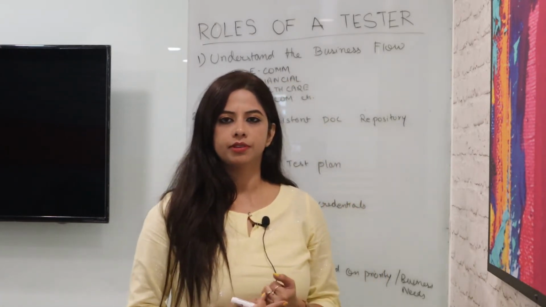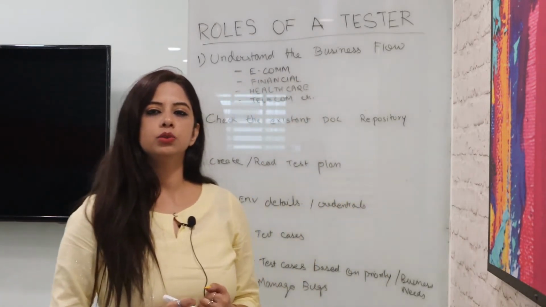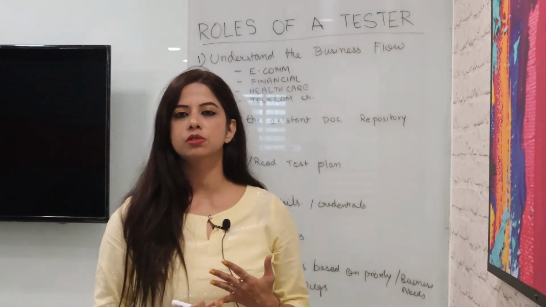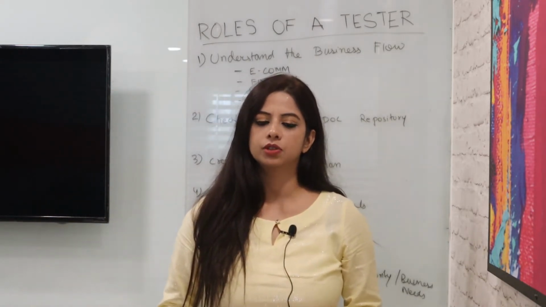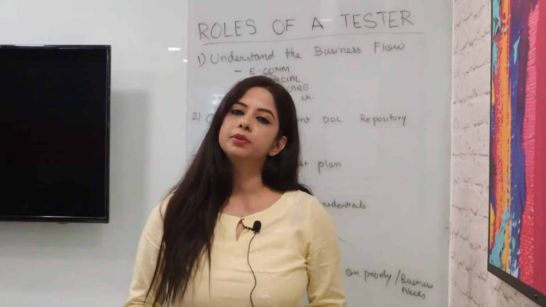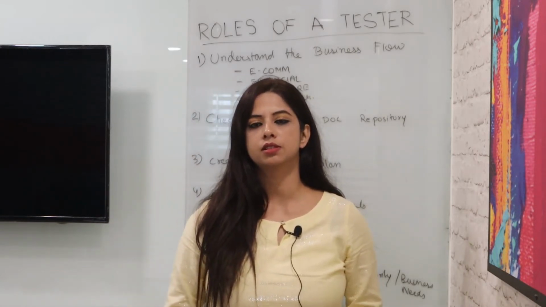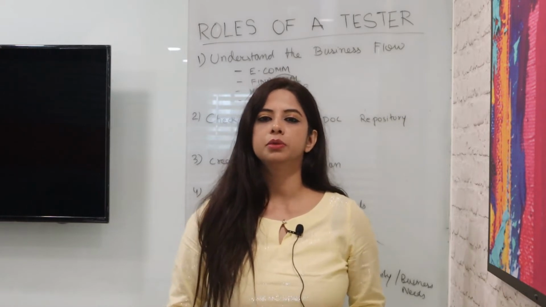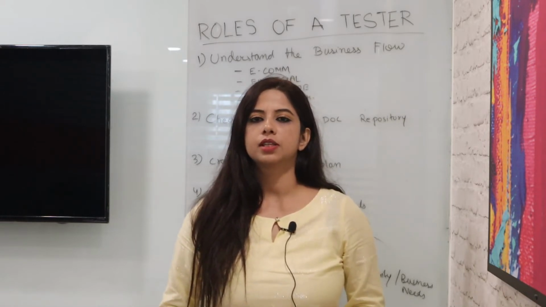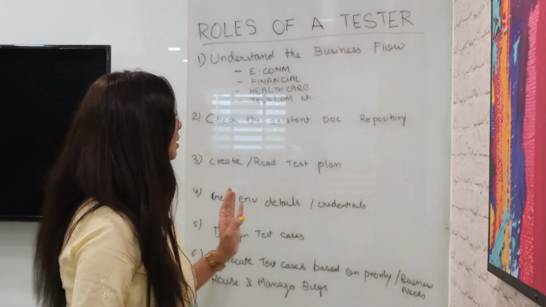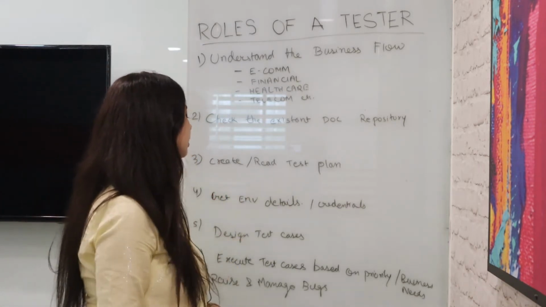So the roles will be divided. You also have your milestones mentioned, the timelines when you're going to deliver, what deliverables you're going to submit, and what documentation you will be submitting as a part of the testing process. Everything is mentioned in the test plan document.